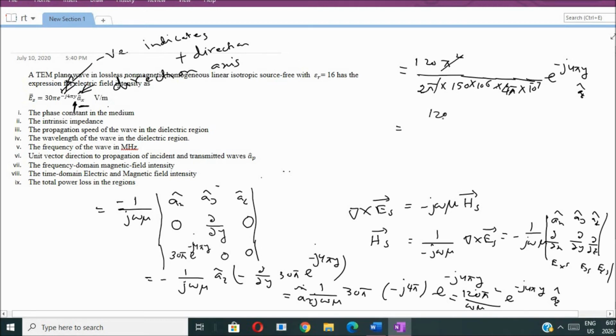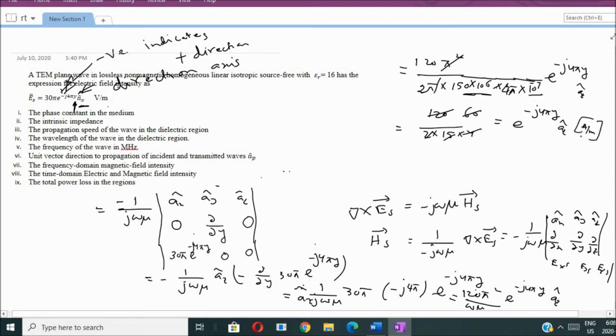In the top we have 120 and in the bottom 2 times 10 to the power 6 times 10 to the power negative 7 times 4 pi, so 10 to the power 7 cancels with 10 to the power negative 7. So 60 over 4, that is 15. So the answer is 15 e to the power minus j 4 pi y az, and the unit is amperes per meter.